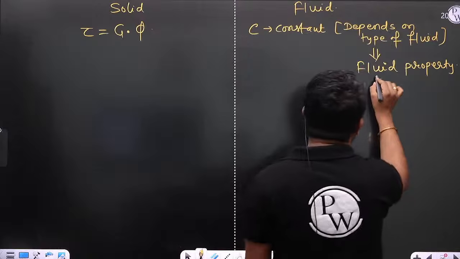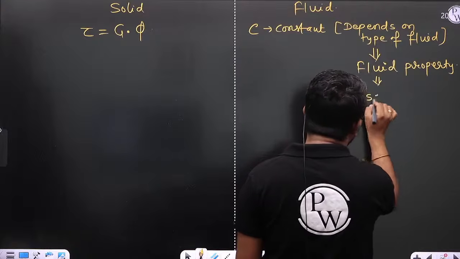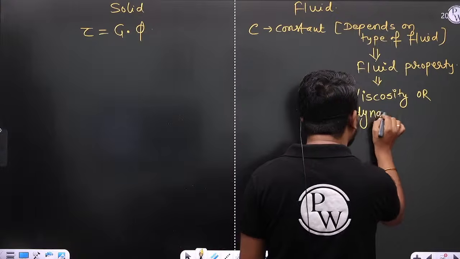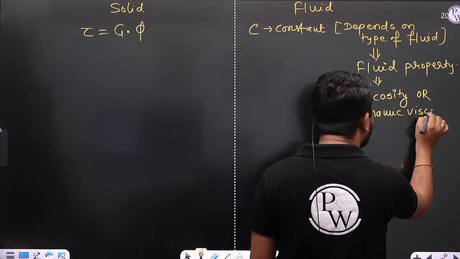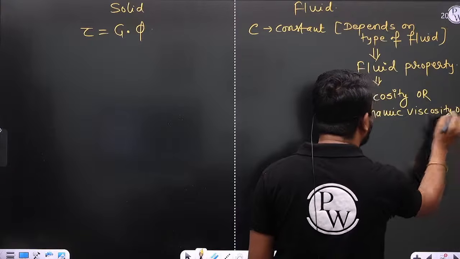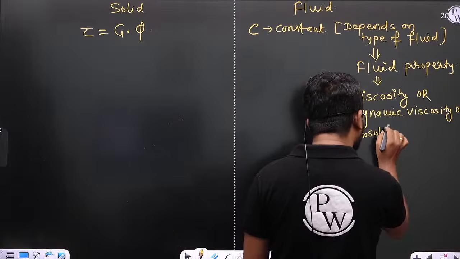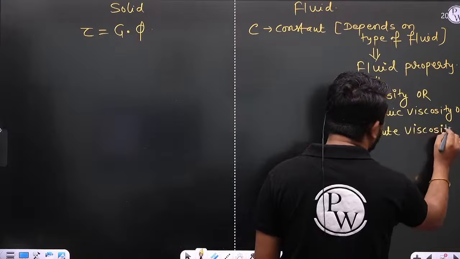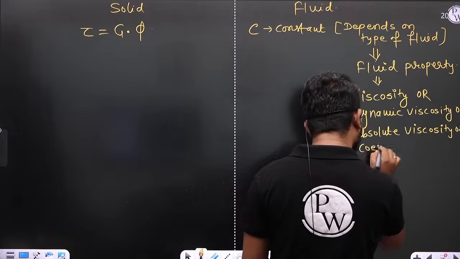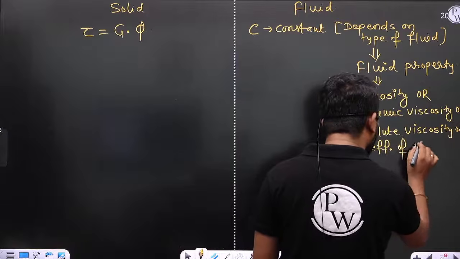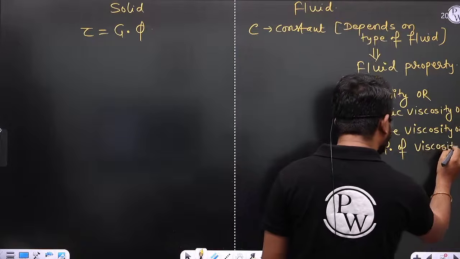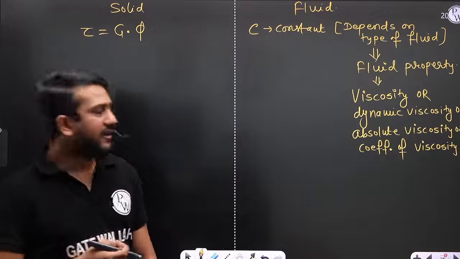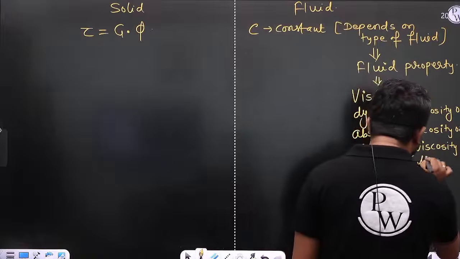And this fluid property is known as the viscosity, or dynamic viscosity, or absolute viscosity, or coefficient of viscosity, and it is denoted by the Greek letter mu.